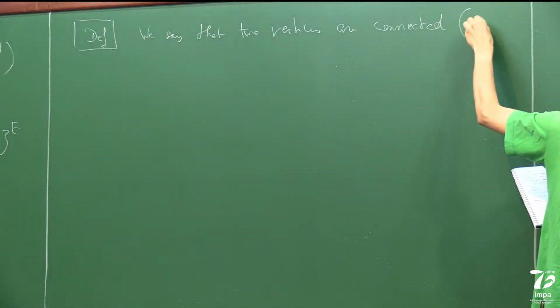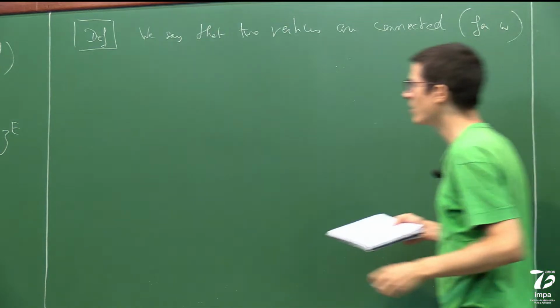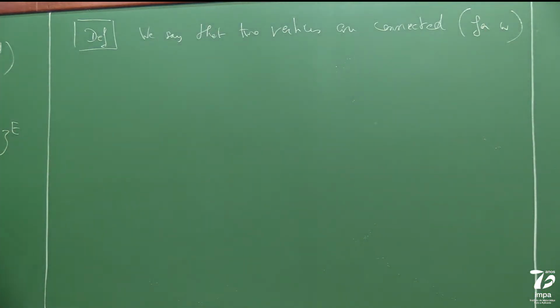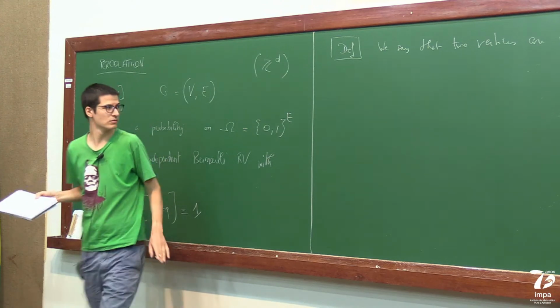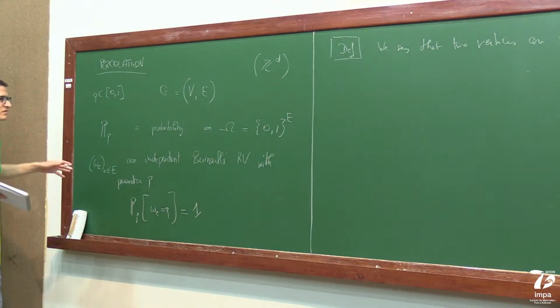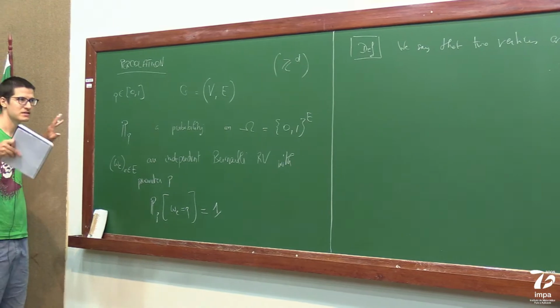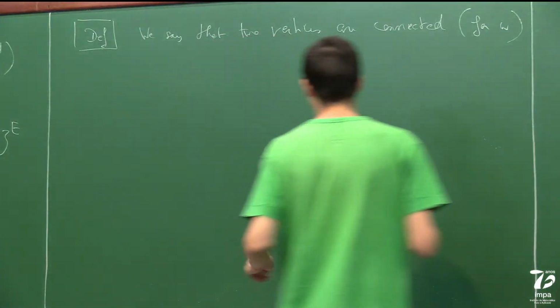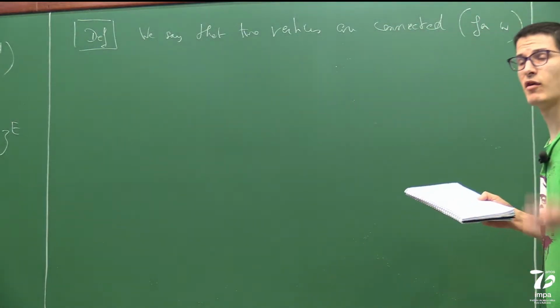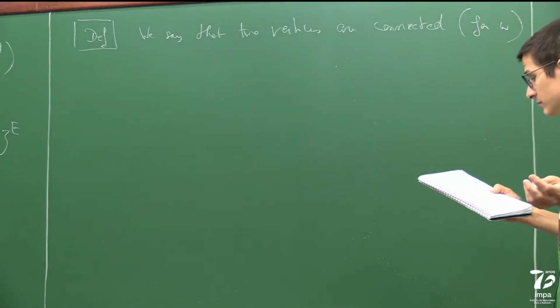By this I mean that they are connected for the environment omega. So I draw this value 0 or 1 for each edge, and this is going to be fixed. If I can find a path of open edges that is linking the two vertices.